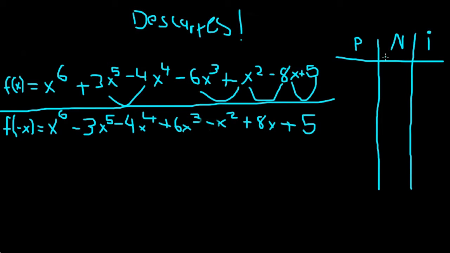Okay. So positive, we have 4 sign changes. So 4, 2, 2, 0, 0. And then in negative we have, oh, I forgot to write the sign changes for here.